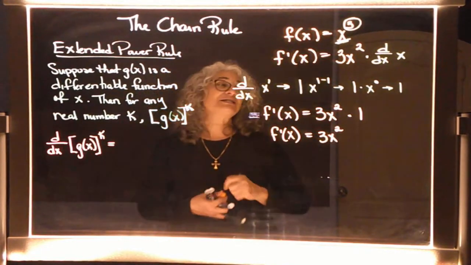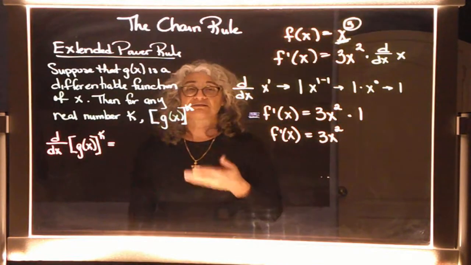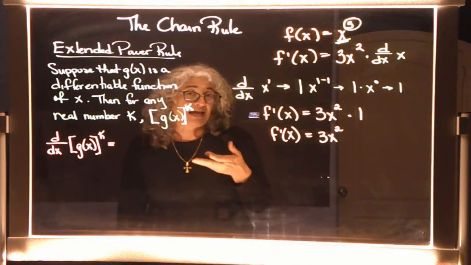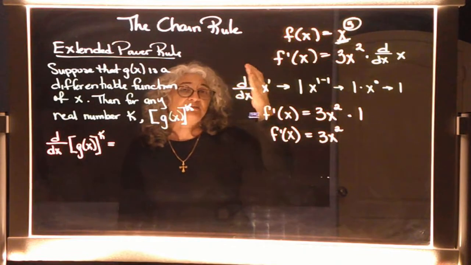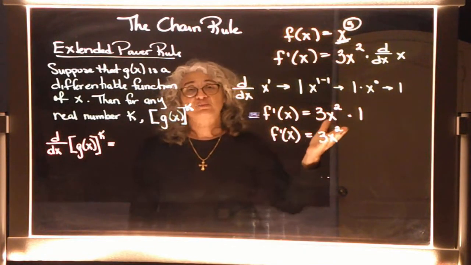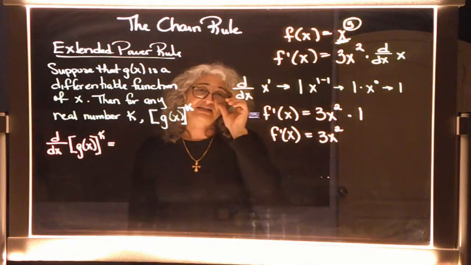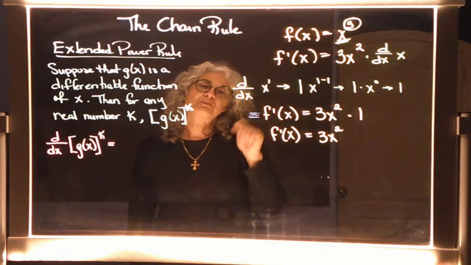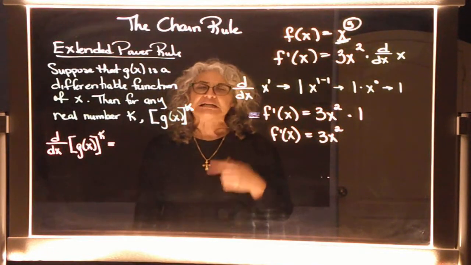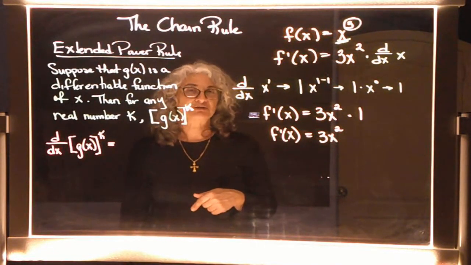So if I look at taking the derivative of x, the base, right, because x is known as the base since it has a power, and all I get is 1, it never really changes my answer. But if your base is not a 1, it's going to start changing your answer a little bit.